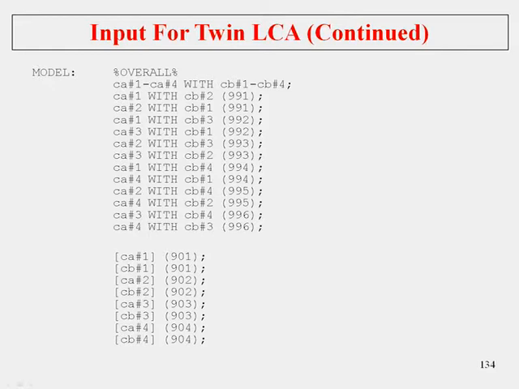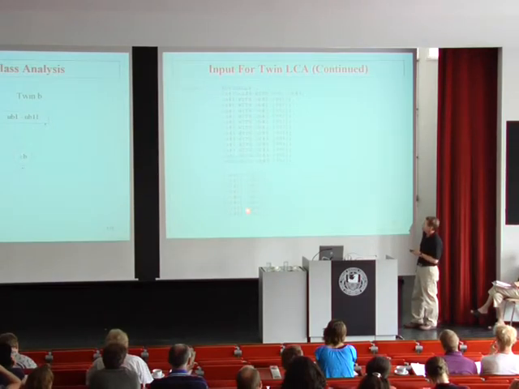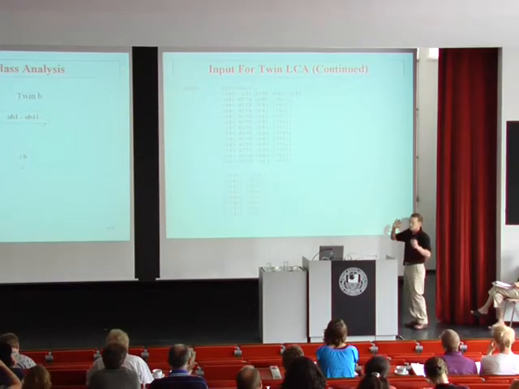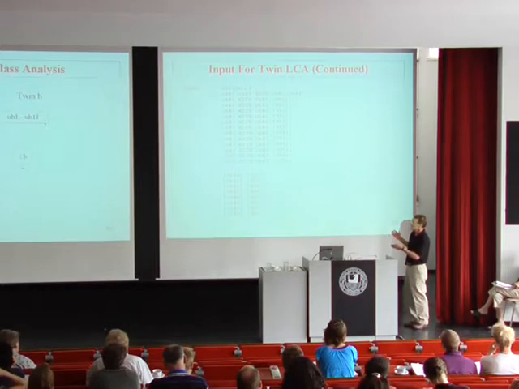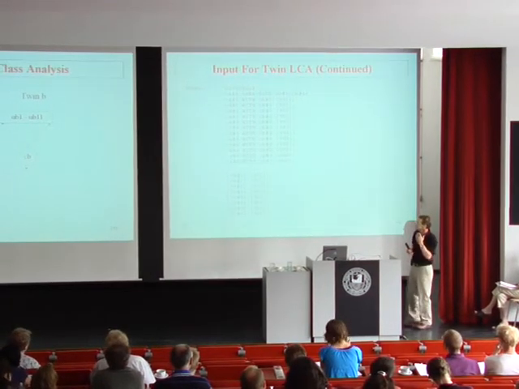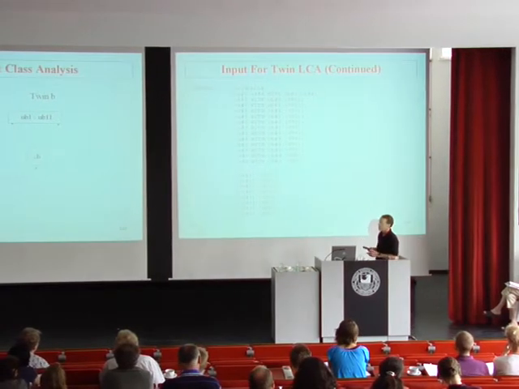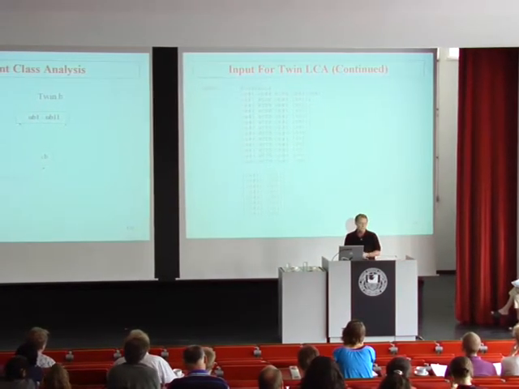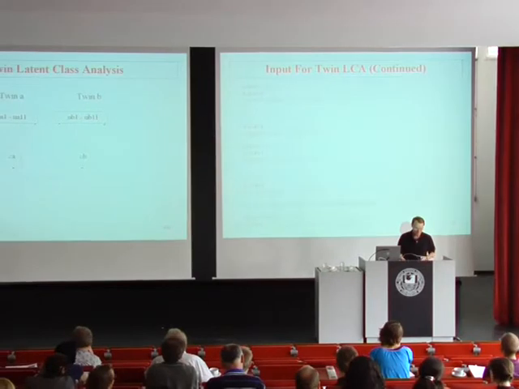And same for CB number 2, etc. So together this says that you had the 5 by 5 table. You have 5 classes for A, 5 classes for B. It is symmetric. The upper triangle is the same as the lower triangle. And the marginal probabilities are the same. So that might be a reasonable hypothesis for twins.